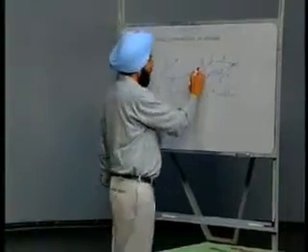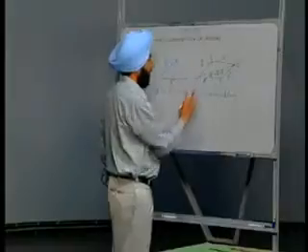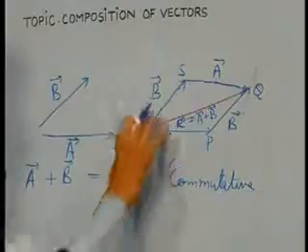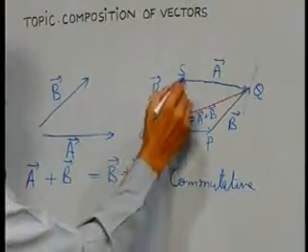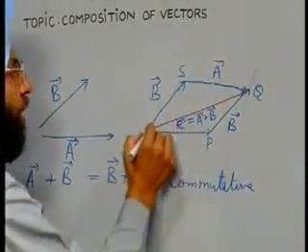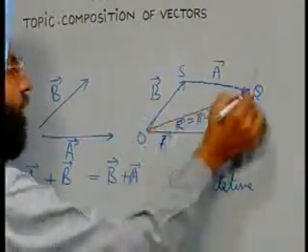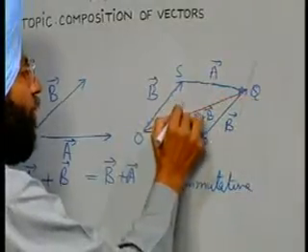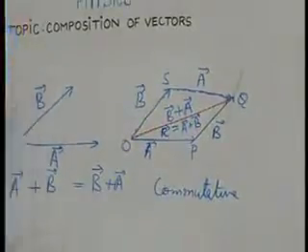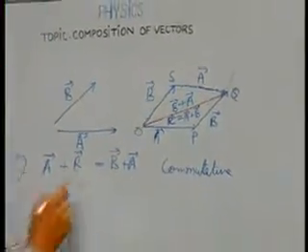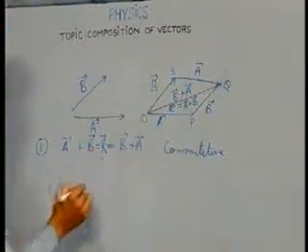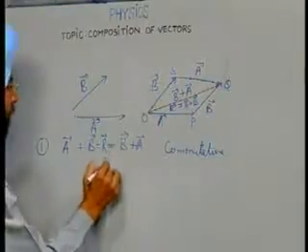Now, if we take triangle OSQ, then we have B plus A. We take these two sides OS and SQ representing B and A. So, the third side taken in the opposite order is again OQ. So, this is equal to B plus A. So, what we have is A plus B is equal to R, and R is given by the third side OQ.